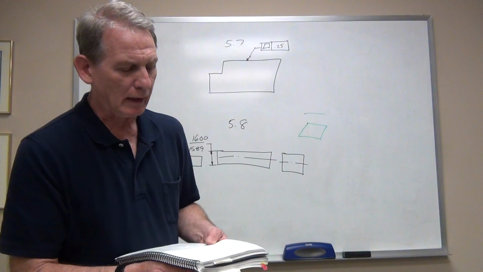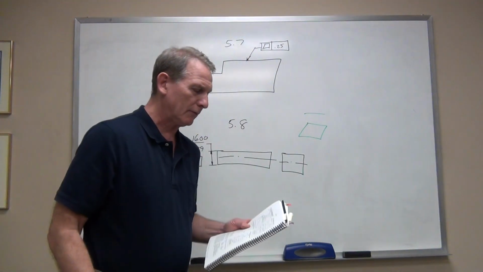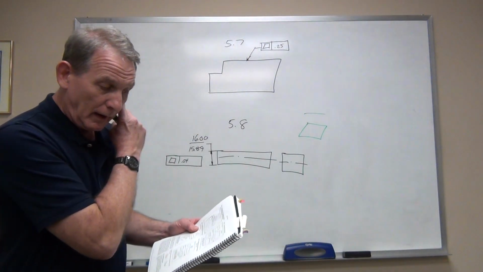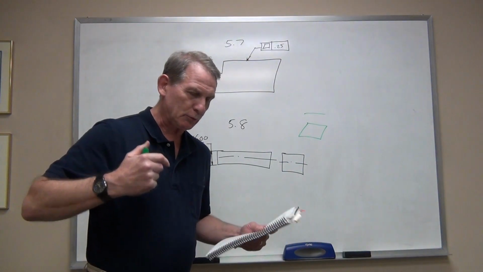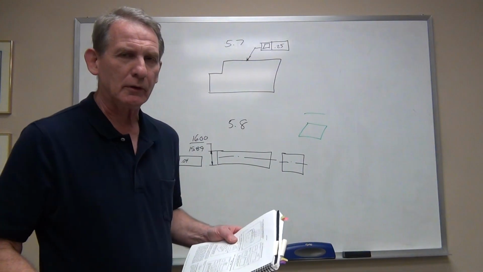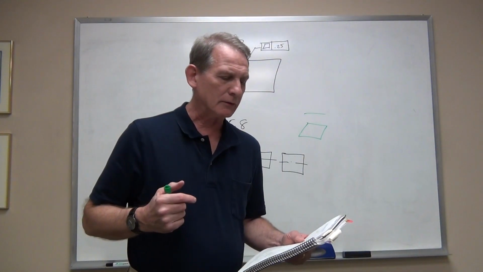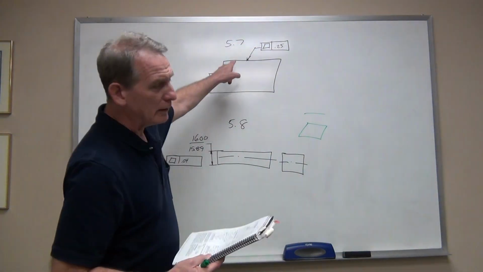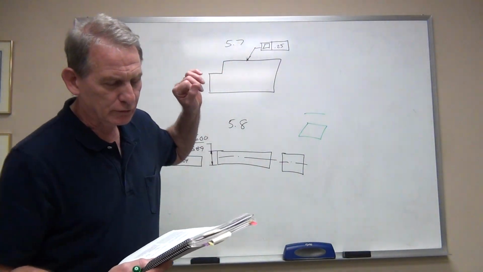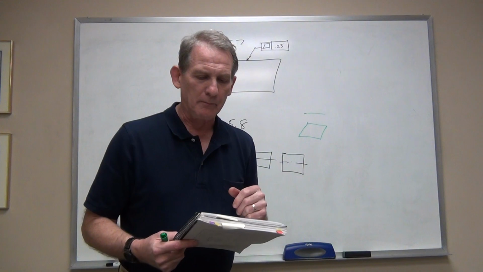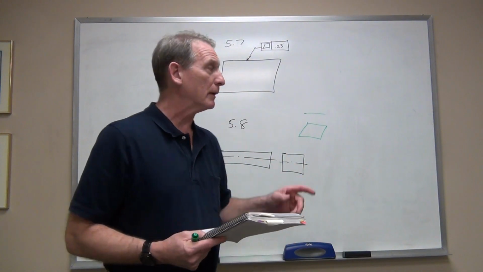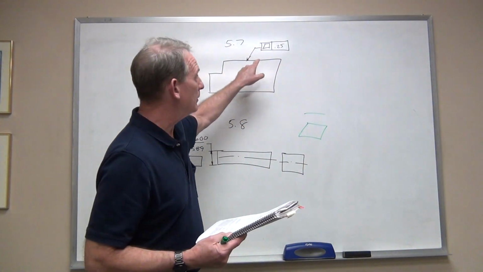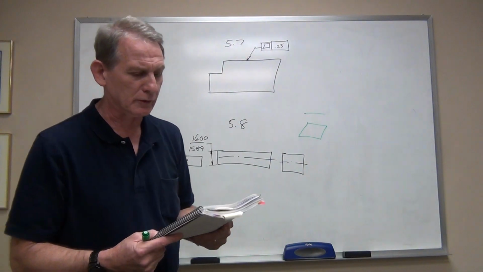And so let's take a look at figure 5.7 here on your handout. And again, this won't take too long. There's just a couple little things I want to highlight here. Obviously we are dealing with a surface element, not a derived median element, because of the way the feature control frame is stuck to the surface.